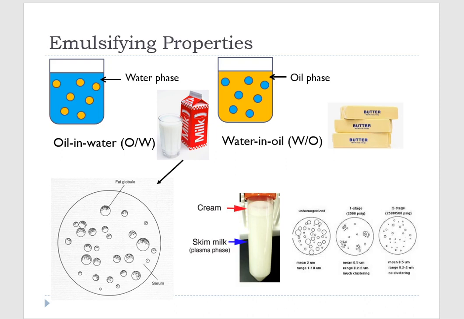Emulsions consist of two liquids that are immiscible, where one of the liquids is dispersed in the other in the form of small droplets, as you see here. So we have a dispersed phase. This is the dispersed phase. And this is the continuous phase.